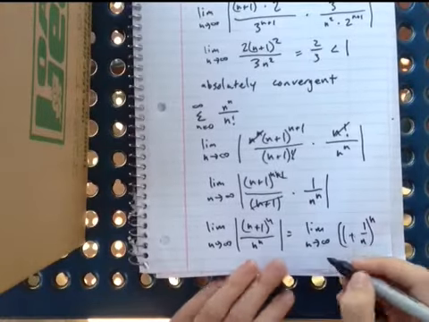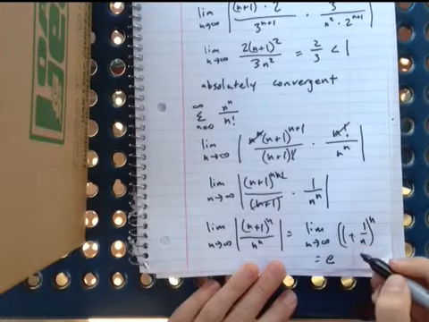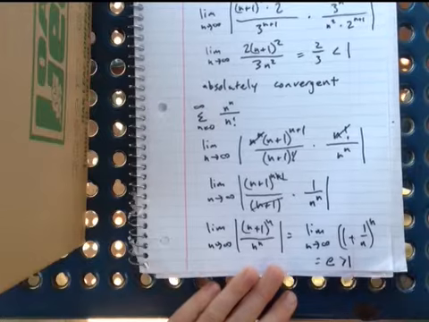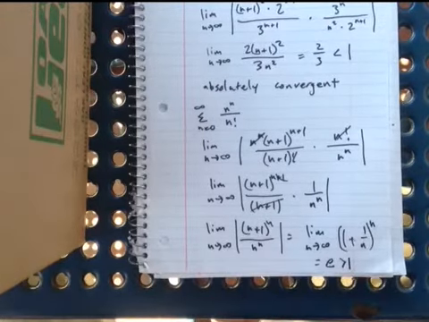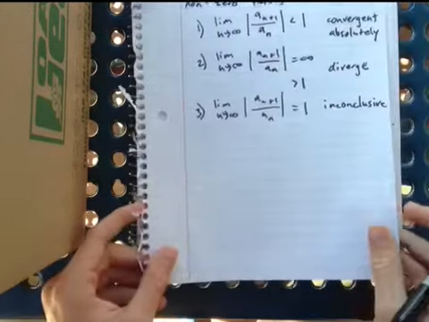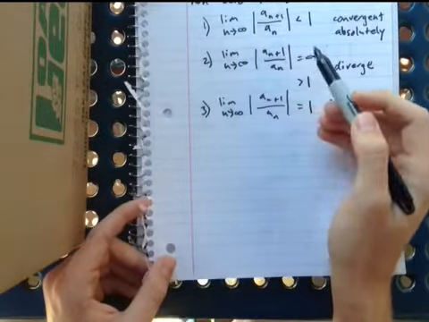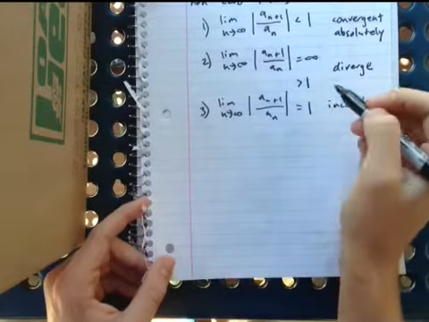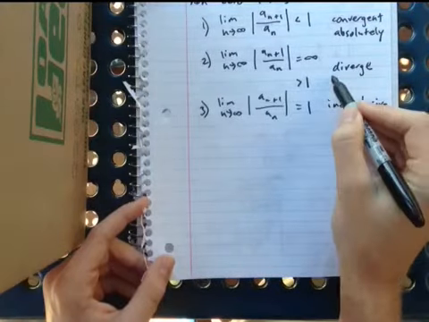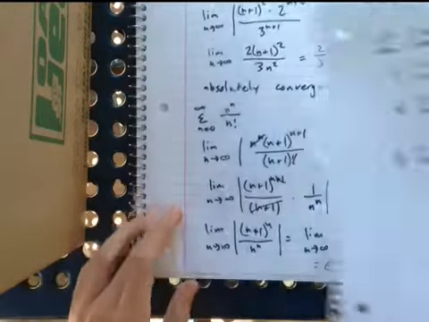Now the limit of that equals e, which is greater than 1. So, going back to our rules, we have the limit as n goes to infinity of a sub n plus 1 over a sub n is greater than 1. So what we're going to get is that the series diverges.